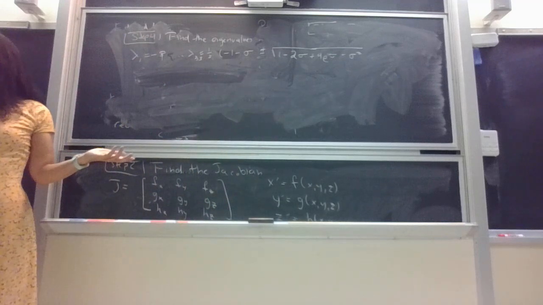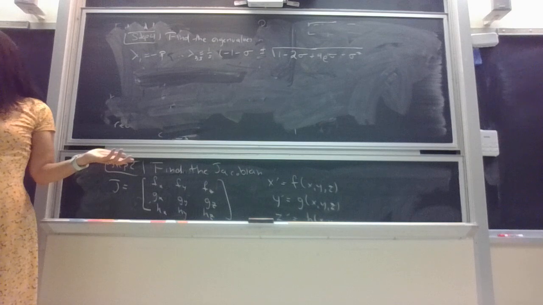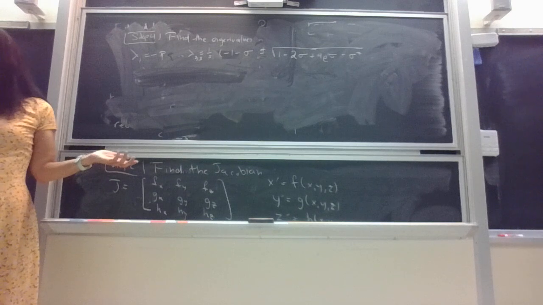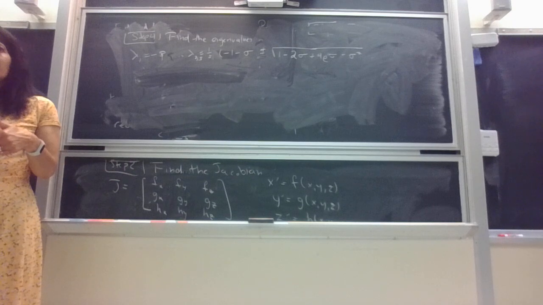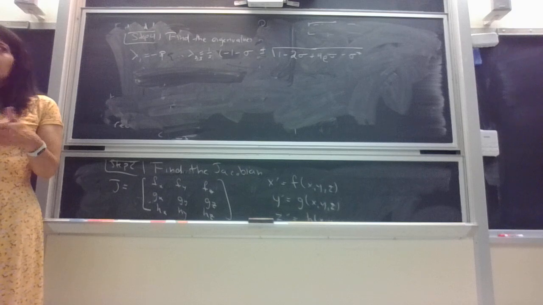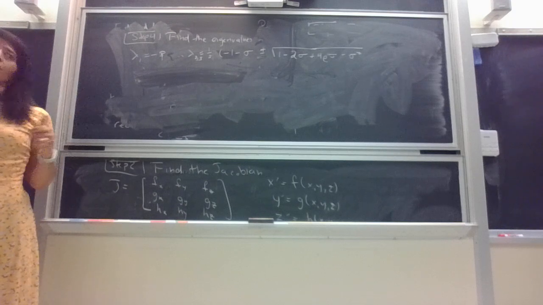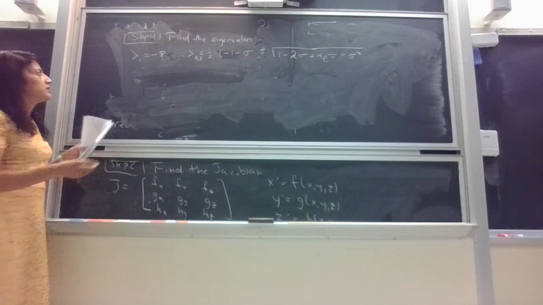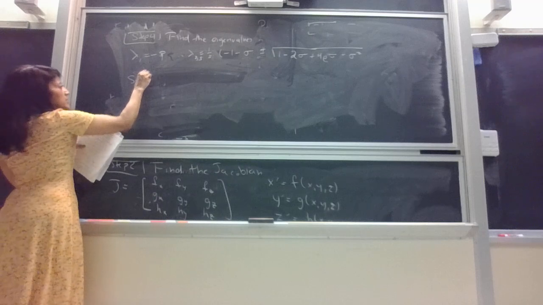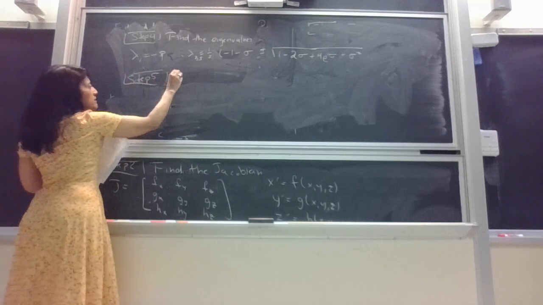So what do I know about the eigenvalues? They're all negative. What does it tell me about the solution? Asymptotic, but we have to say locally. We've got to cover our butts. So step 5, make a conclusion.